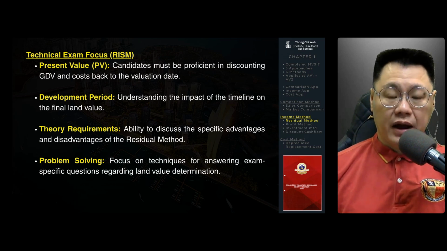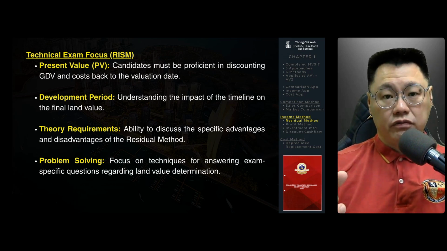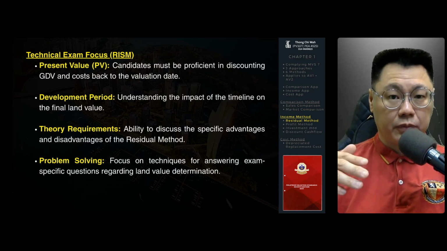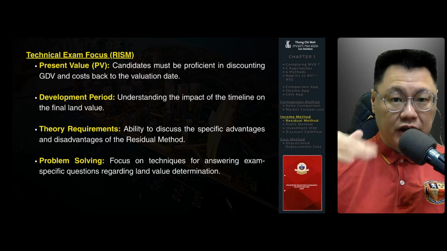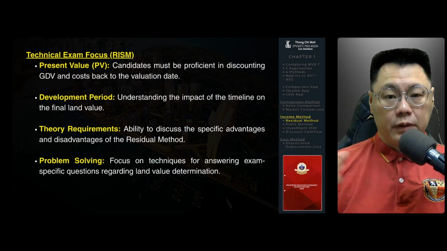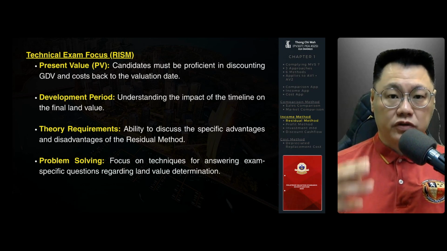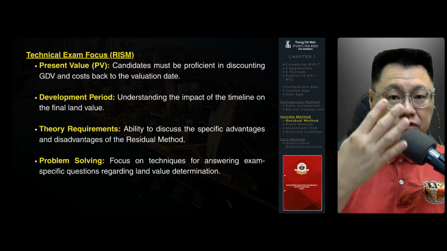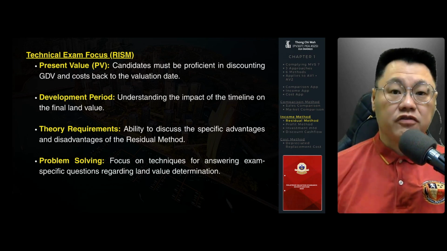Most of the time in the RISM exam, they will provide you with a construction period of 2 years if it's landed property, 3 years if it's strata or multiple level. To get the development period, you add 1 more year. So if construction is 3 years, then you add 1, it becomes 4. So then you take 4.